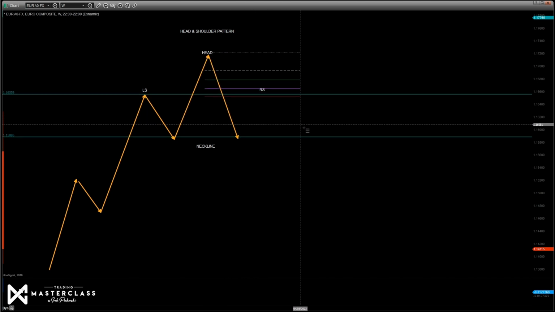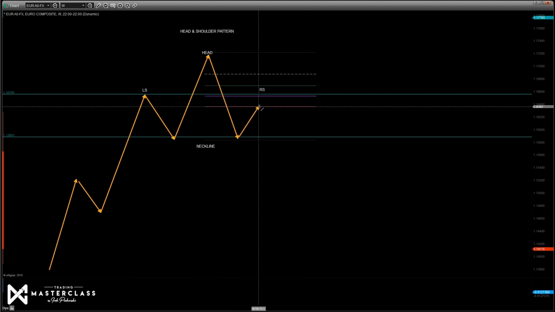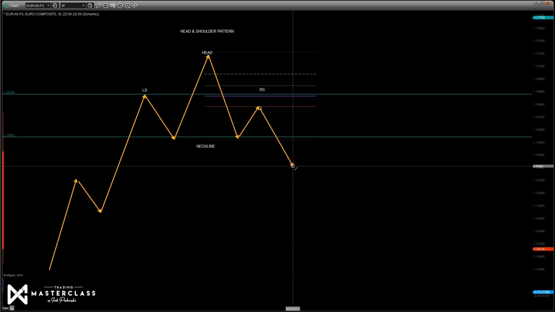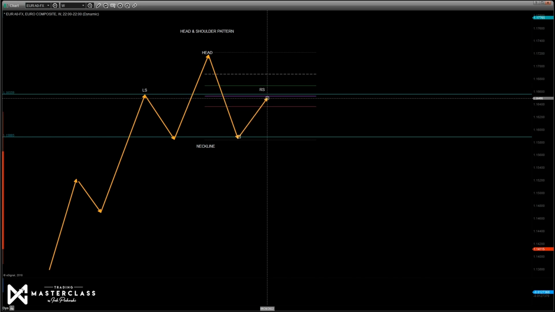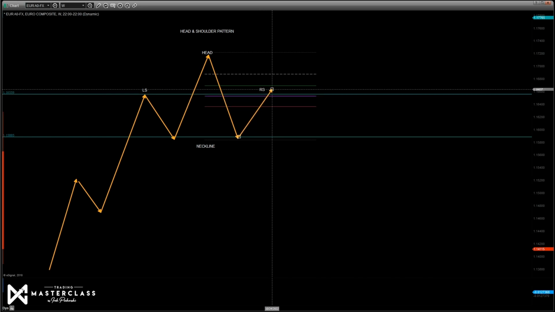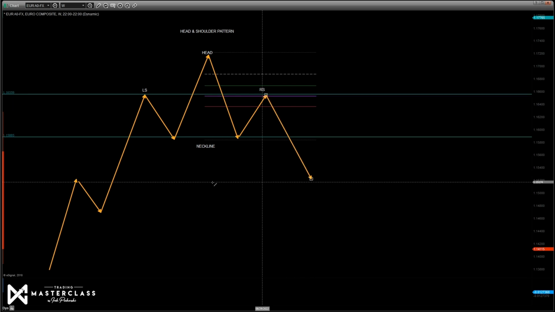You would draw your Fibonacci retracement, and then you would keep an eye out on it. It could retrace all the way to 0.382 and then start to go down from there, or it could properly retrace to the right shoulder level. It could go to 0.618, a little bit higher, or just exactly at the left shoulder level. And then from here, take the trade down.